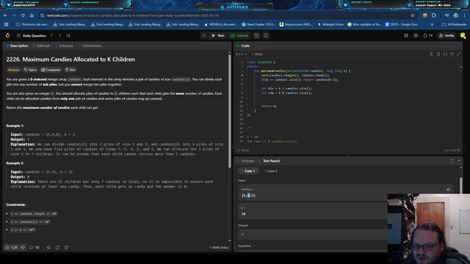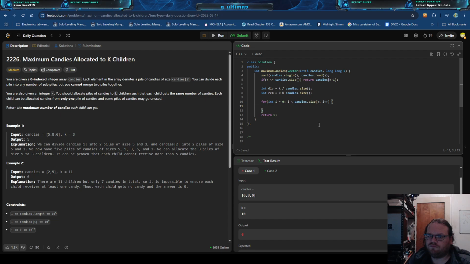So this would be 2, 3, and 3. And it's going to be spread out among all the candies. And basically we take the smallest value.